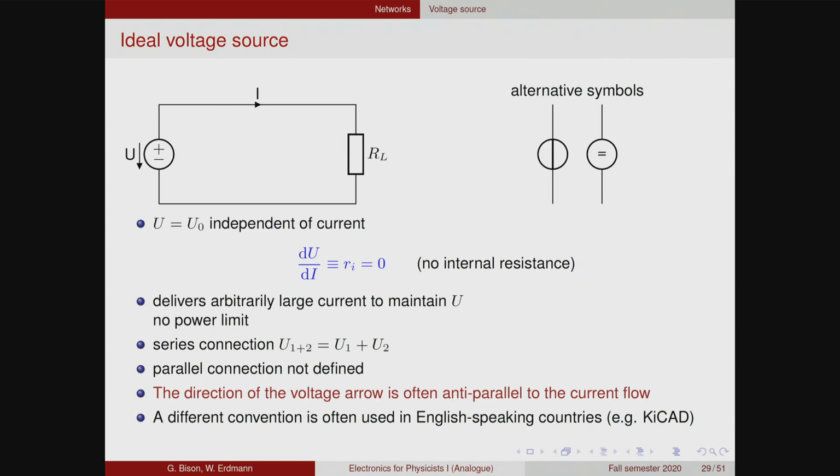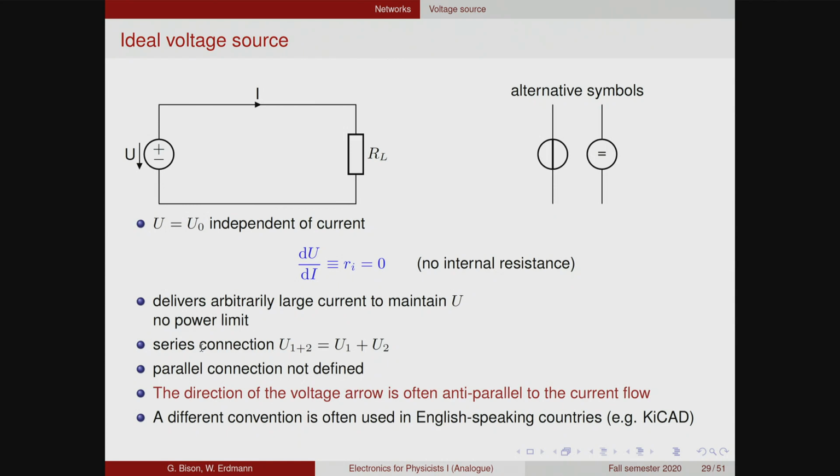But since there are no ideal voltage sources in the world, this is not a real problem. It's just a problem in simulations. If you define two ideal voltage sources in parallel, the simulation will tell you this is an error, I cannot compute this.